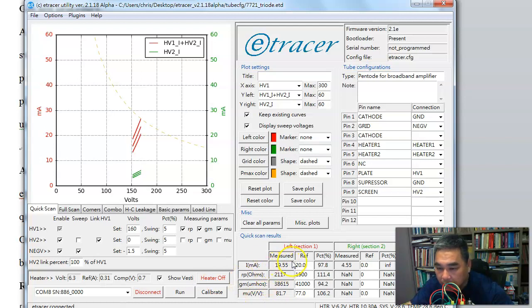Okay, so we see the plate current now is 19.55. So it's about 0.2 milliamp increase, like described in the TV7 manual.